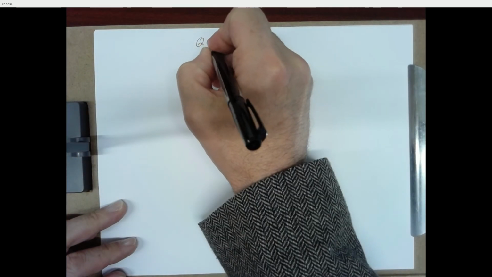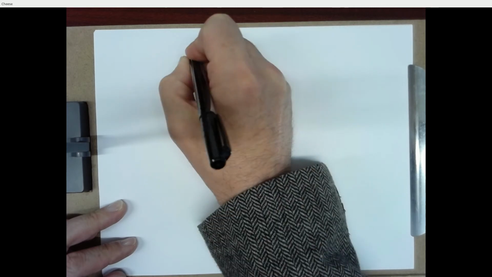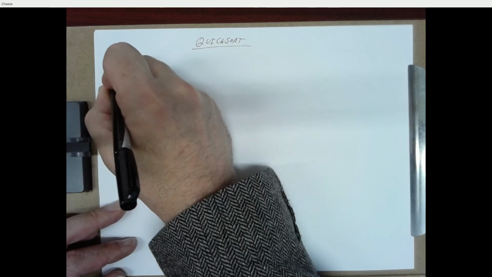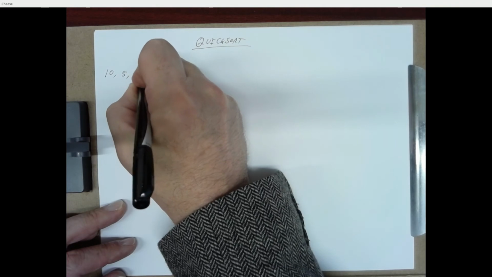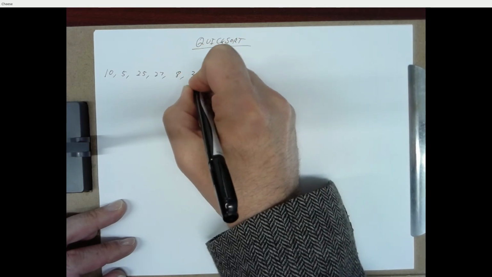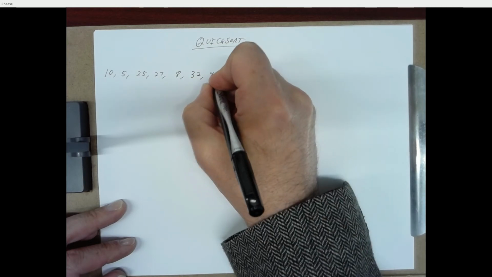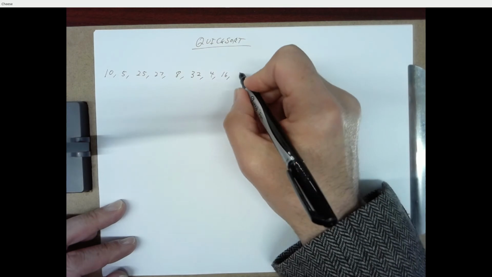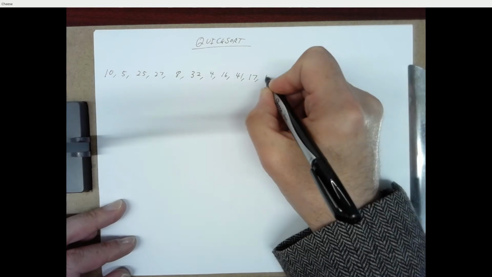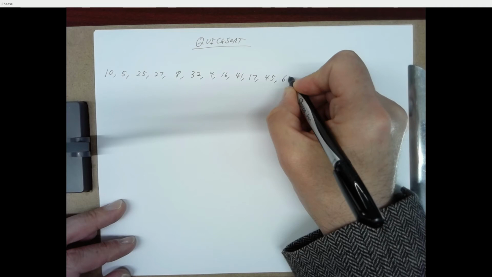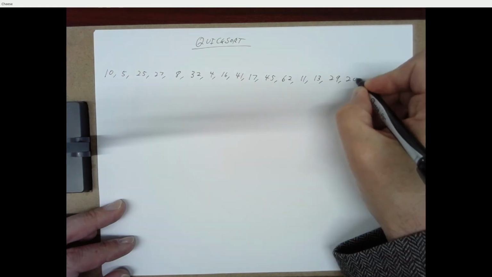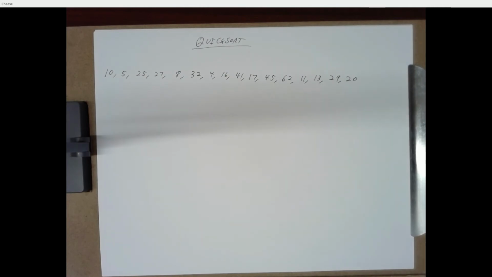So this will be Quicksort, a random list of integers to sort with a quicksort.